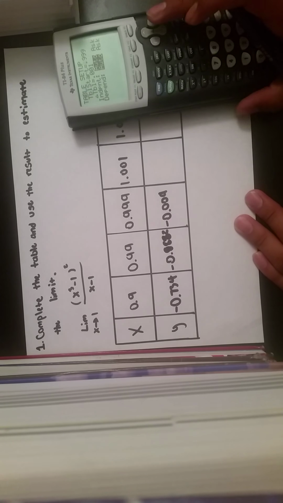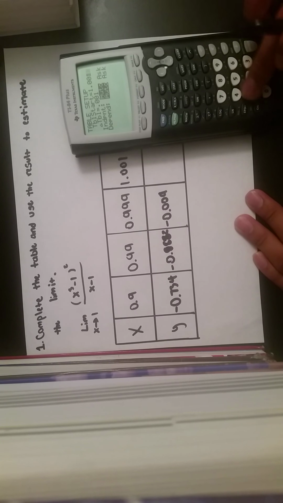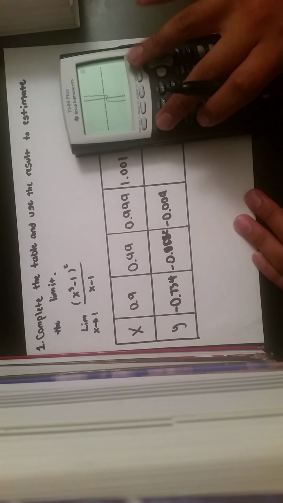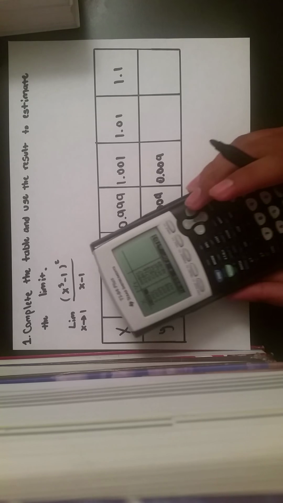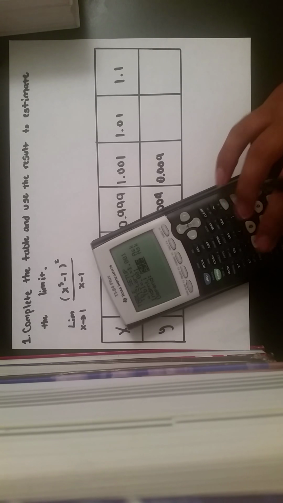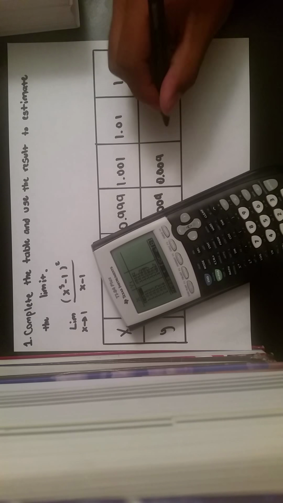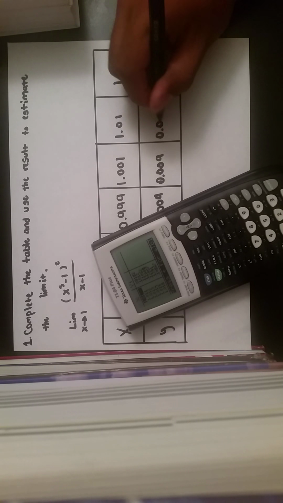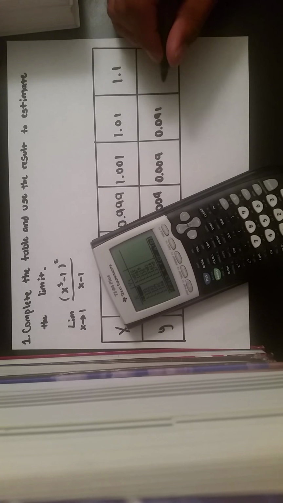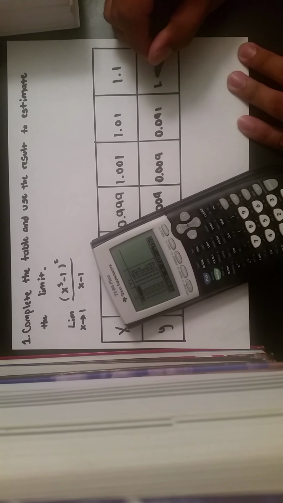Now we're going to go 1.001, and we get 0.009. 1.01 gives 0.091. 1.1, and we get 1.095.